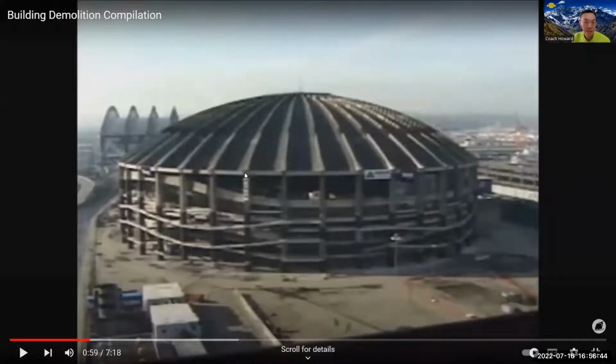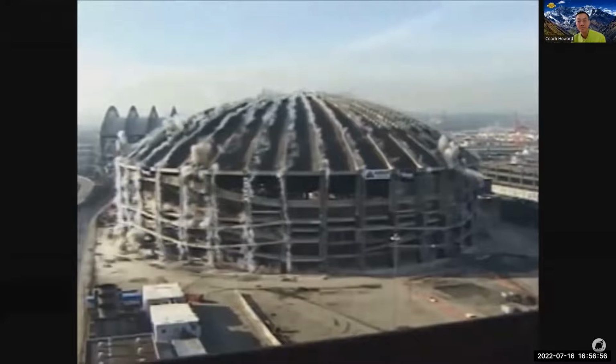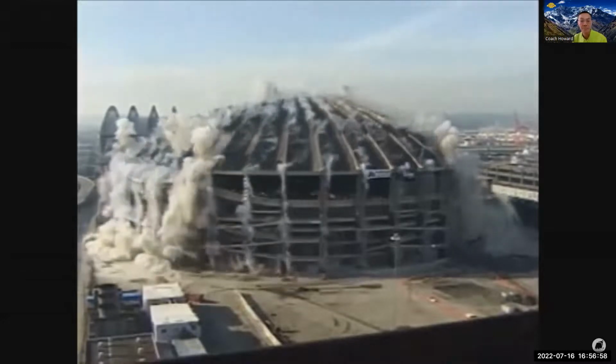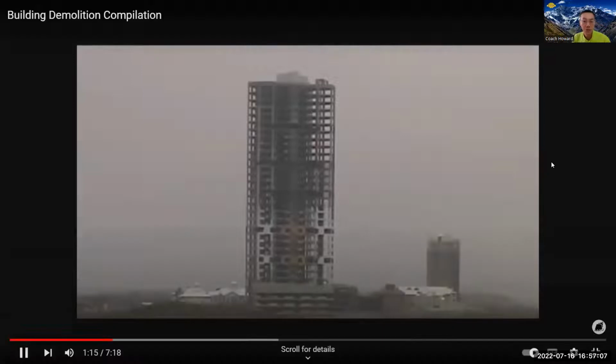This is a stadium, an old stadium. You notice later when they set up the explosive, it is synchronized. Dust storm. This is a tall building, I think at least 30-story high.